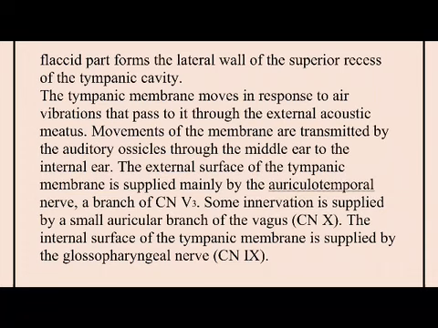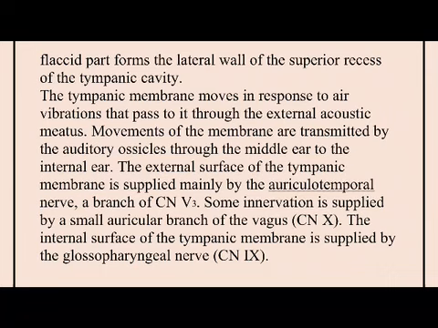The tympanic membrane usually moves in response to air vibrations that pass to it through the external acoustic meatus. Movements of the tympanic membrane are transmitted by the auditory ossicles through the middle ear to the internal ear.